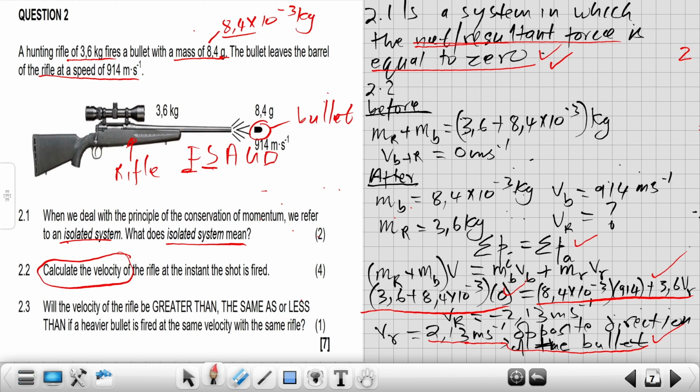So kindly apply F sort in all the calculations that you are doing. It's the formula, substitution, answer, SI unit, and the direction if you are working with a vector quantity. There is no way that you can be given a mark without the correct direction.